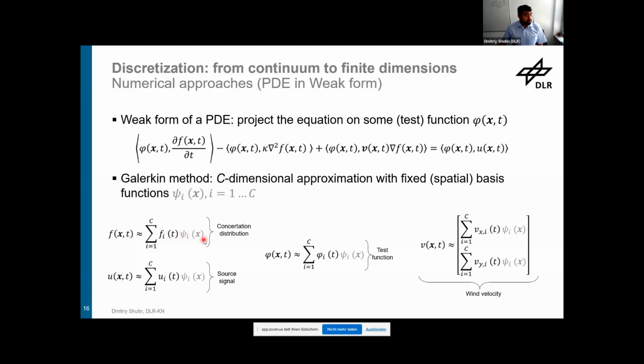And my basis functions depend only on space. And I apply this to all the functions that I have in my equation. I actually have 4 of them: concentration, source signal, this test function, and the wind velocity. To all these functions, I apply this functional series representation, again based on the functions that I select.